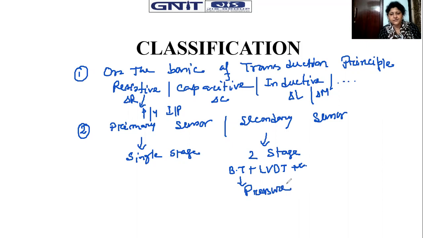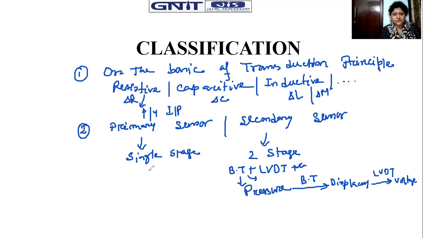Okay. So pressure through the bourdon tube will be converted into displacement, and then through the LVDT that will convert it into voltage. So it is the example of secondary sensor.